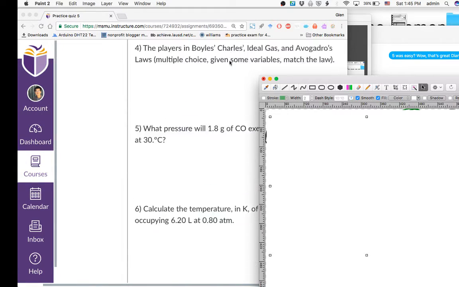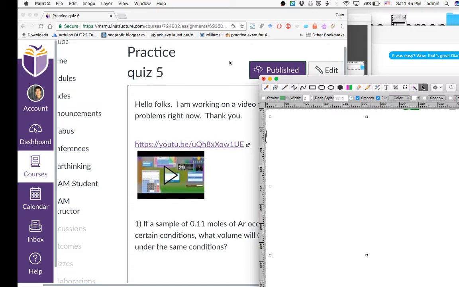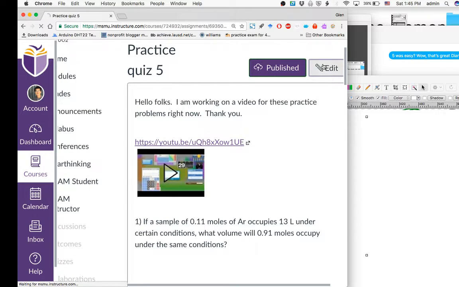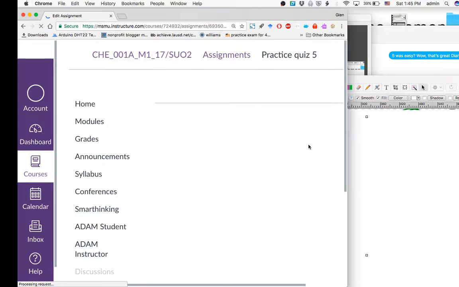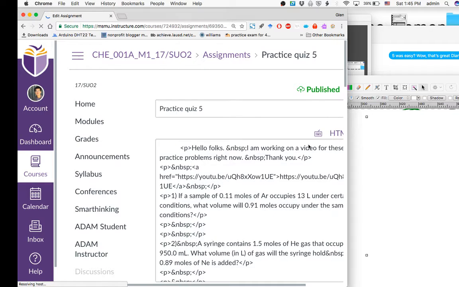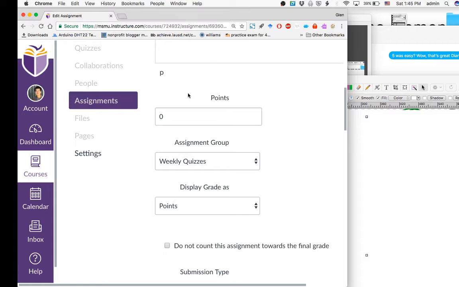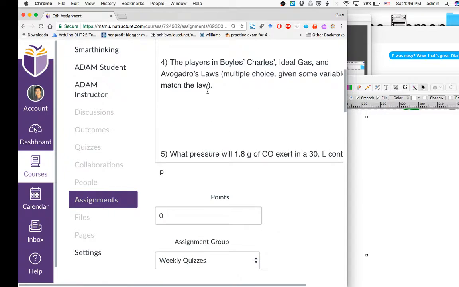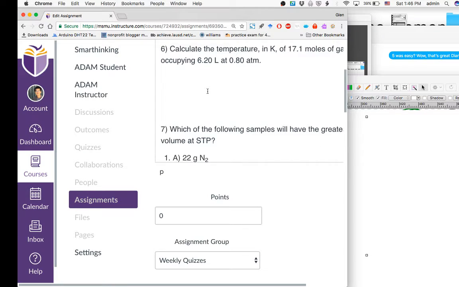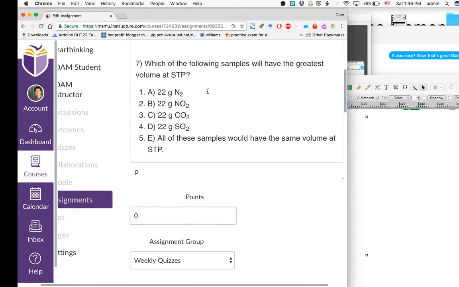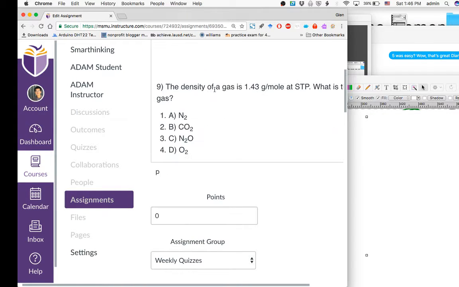Okay, let me fix that right now so that nobody gets confused. That should be grams per liter. Okay, there we go, number 9, grams per liter at STP.